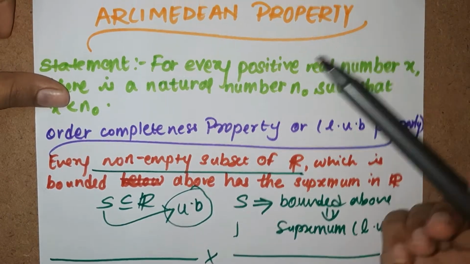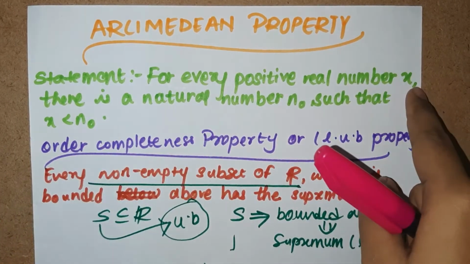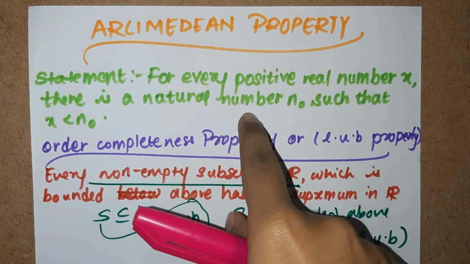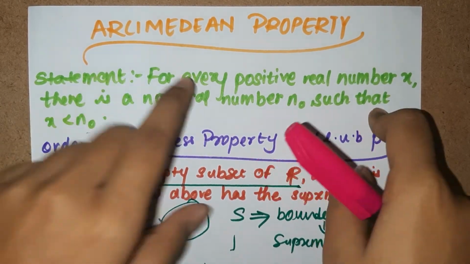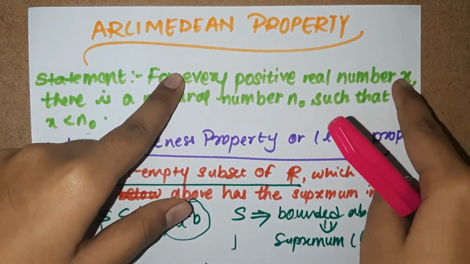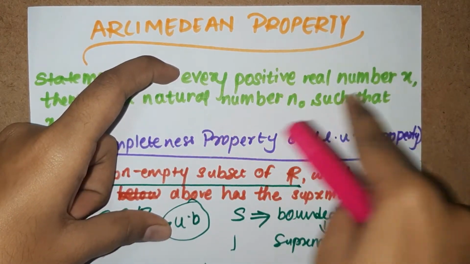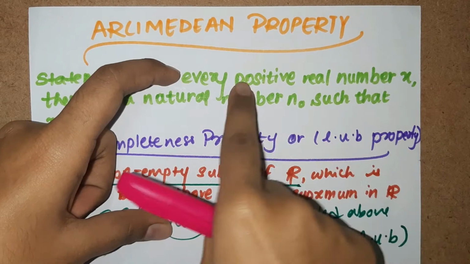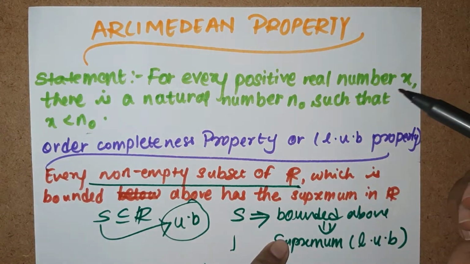The statement of the Archimedean property is: for every positive real number x, there is a natural number n naught such that x is less than n naught. Every positive real number x means any real number which is positive; that's the number we consider as x.